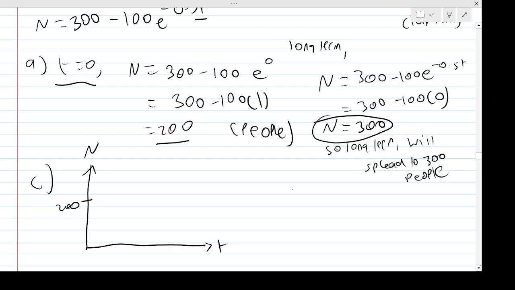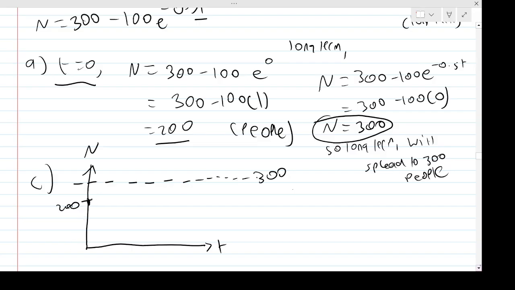So it's kind of like an asymptote. If t carries on and on and on, the curve will tend to 300. So it starts here at 200 and then it tends to 300. So the curve will look something like this.